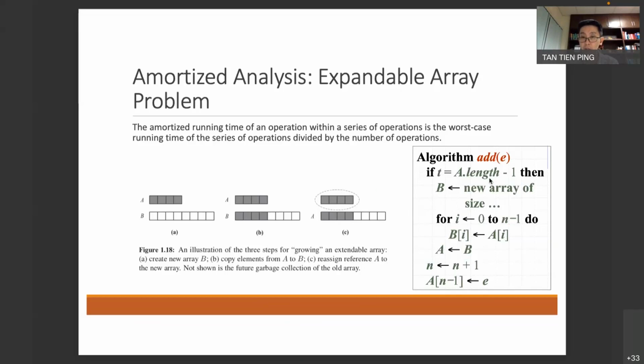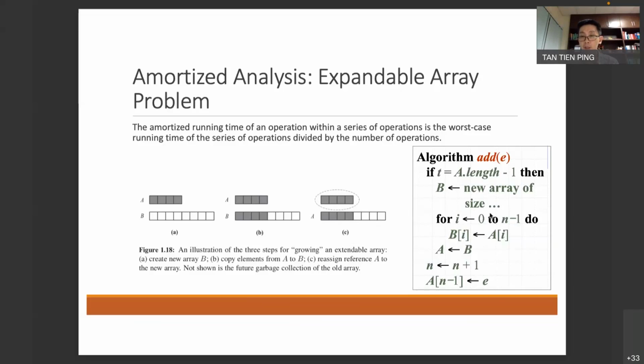Okay, look at the code. If t is equal to length minus 1, meaning it's already full, then you create a new array B. It doesn't specifically spell out what size to create array B, but in this example it will be twice the size.